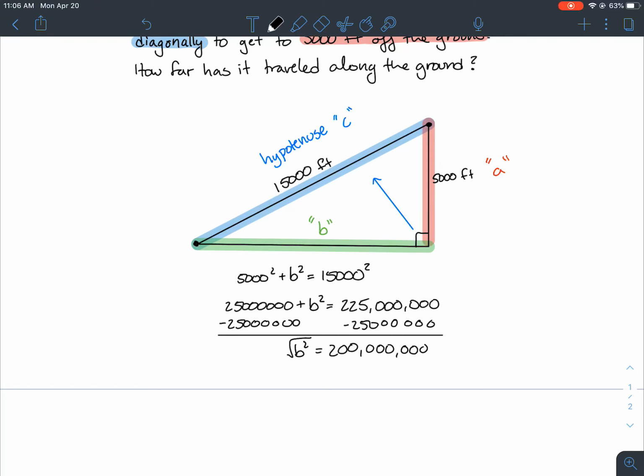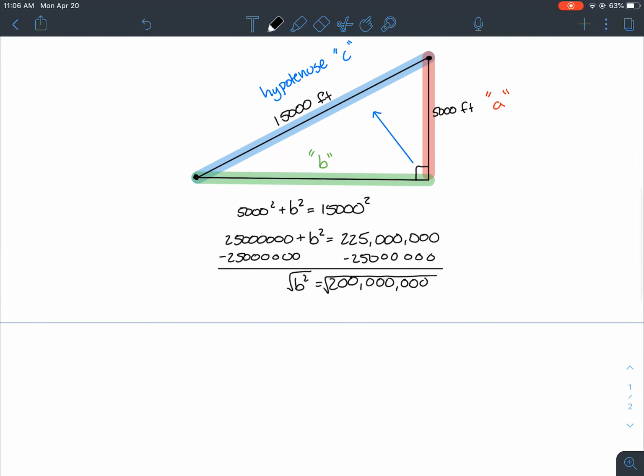And again, we're going to take the square root of everything because we got to get b by itself. And so if I do that in my calculator, I do 200 million, I take the square root. We get b is equal to 14,142.14.